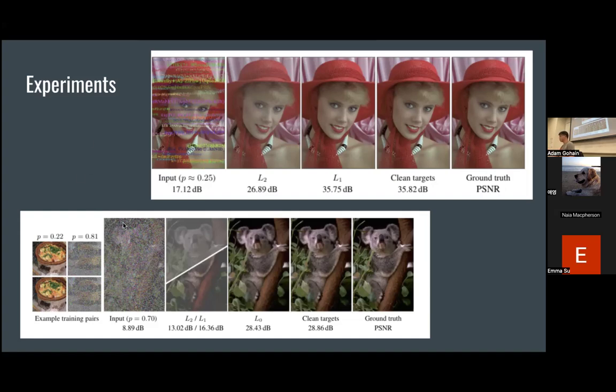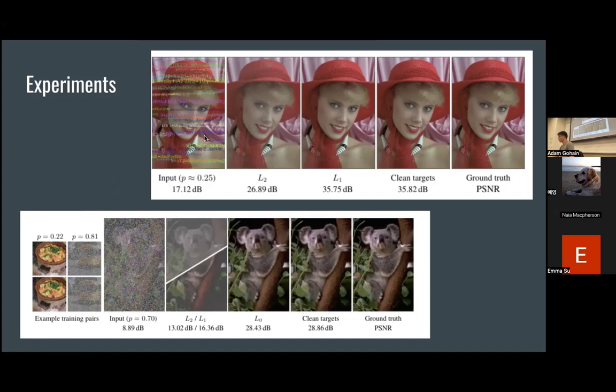What these two experiments show in common is that you can't just use L2 loss here anymore, but using different sorts of loss schemes that more accurately fit the type of noise that you're dealing with also leads to similarly good results.